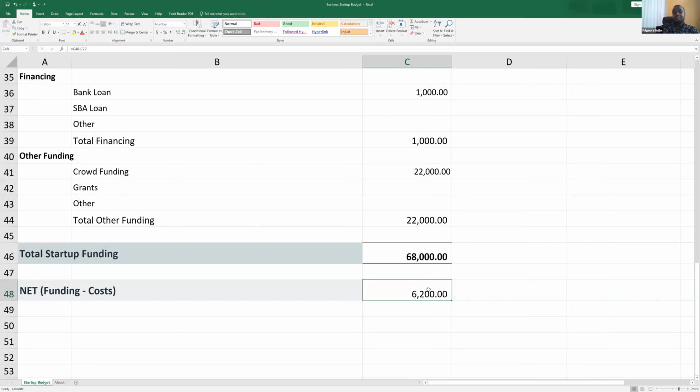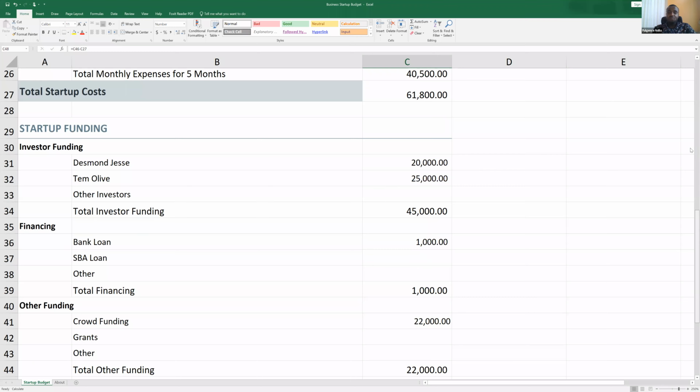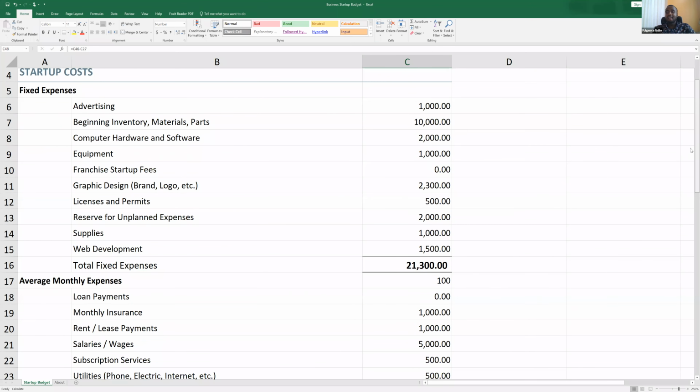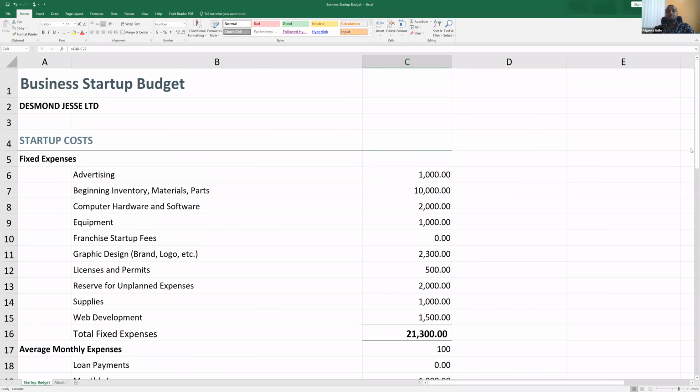An investor or the person you're pitching your business to can easily follow the budget through. It's very easy, not complicated like the other one. So you can use these templates as compared to the other one. And remember, you can edit this template so that it can fit your need.